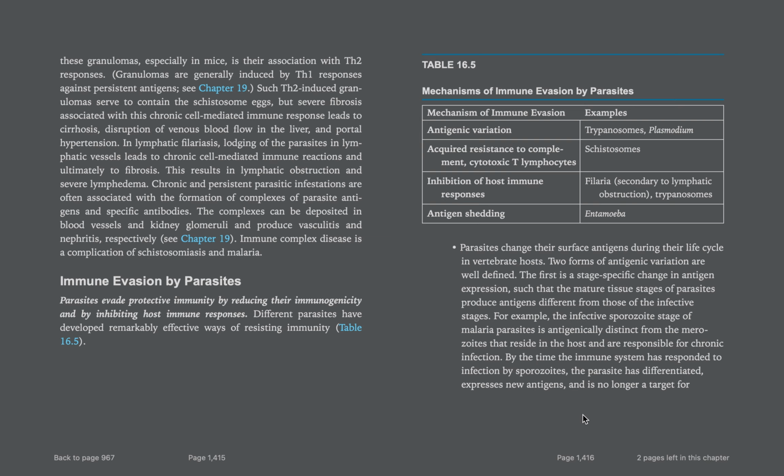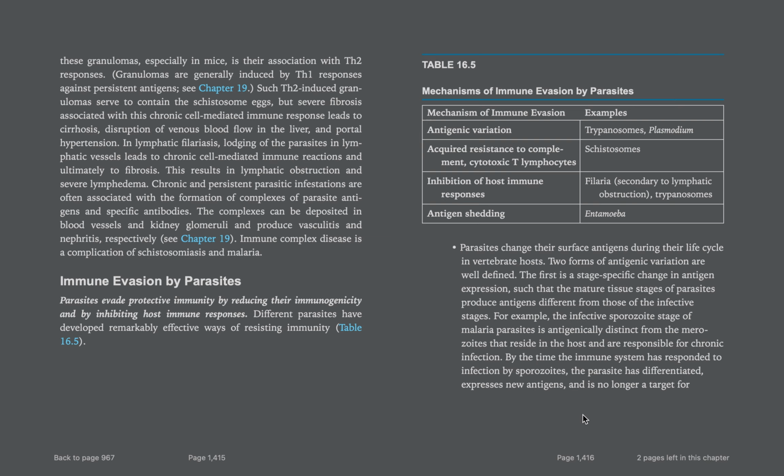Immune evasion by parasites. Parasites evade protective immunity by reducing their immunogenicity and by inhibiting the host immune response. Different parasites have developed remarkably effective ways of resisting immunity.